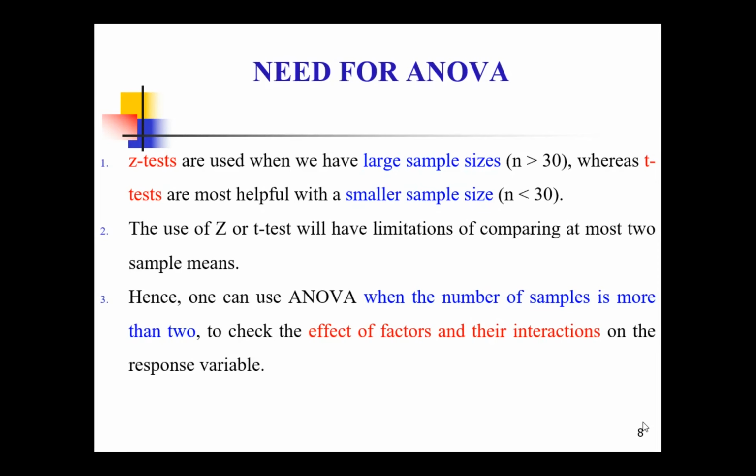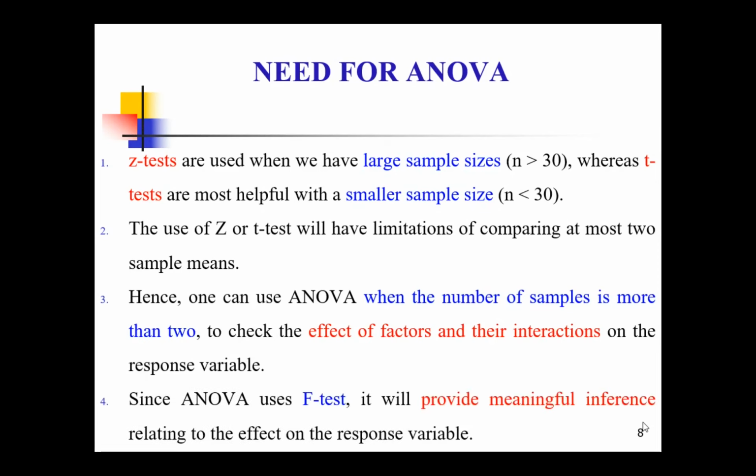The response is nothing but the output. This ANOVA uses the F test. So instead of Z test and T test, in ANOVA we are going to use the F test.